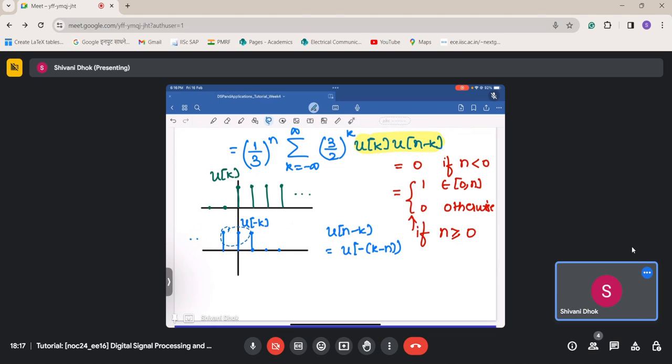However, if I shift it rightwards something like this, then there will be some overlap and therefore it won't be 0. So for n greater than or equal to 0, u of n minus k looks something like this.